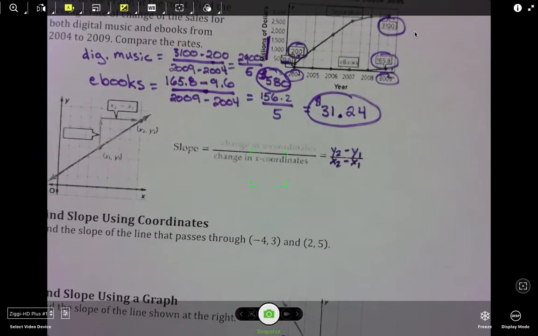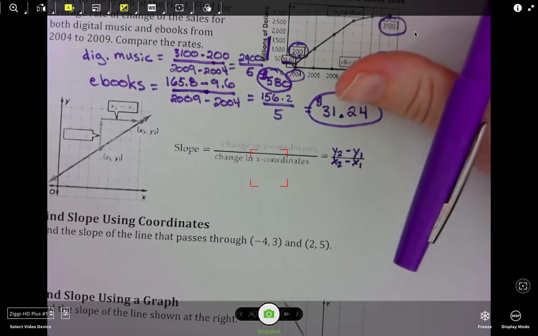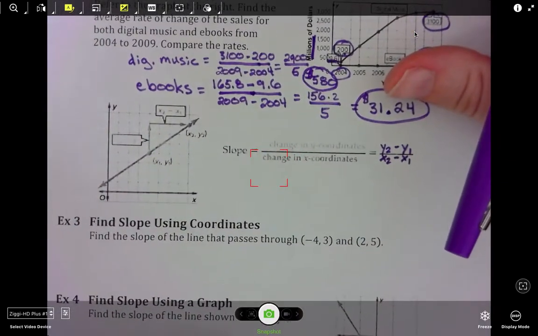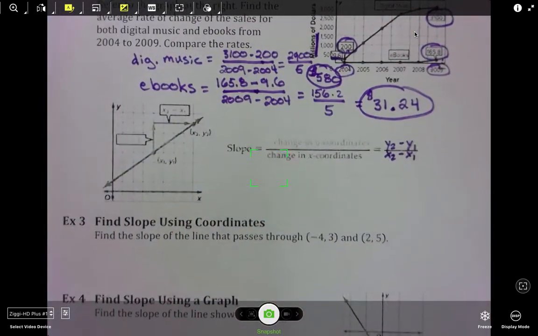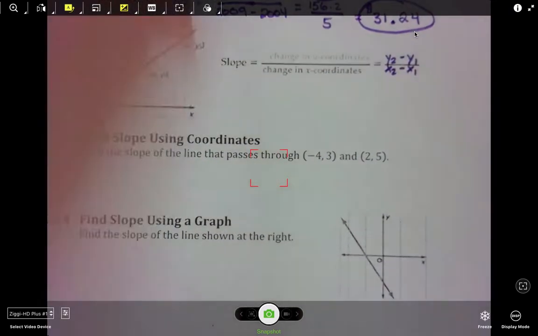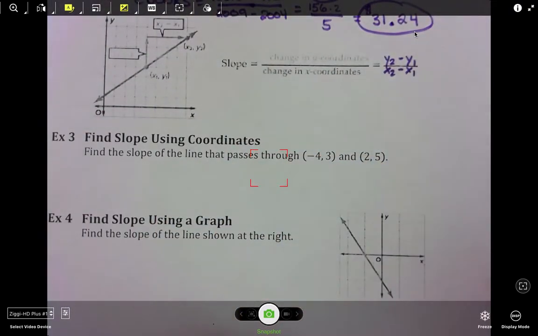Y2 and Y1 just stand for the first Y coordinate in an ordered pair and the second Y coordinate in an ordered pair. Same thing with the X2 and X1. First X coordinate, first Y coordinate, all right? So they're going to give us an ordered pair down below in example 3, and they want us to find the slope. So we're just going to use this formula, Y2 minus Y1 over X2 minus X1.